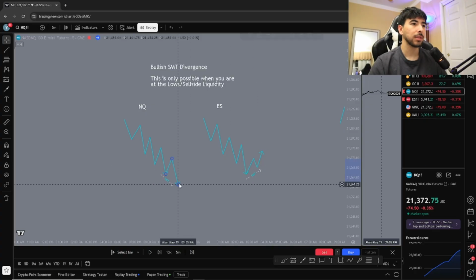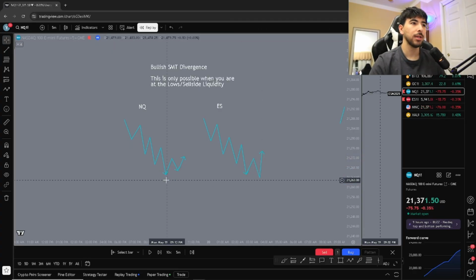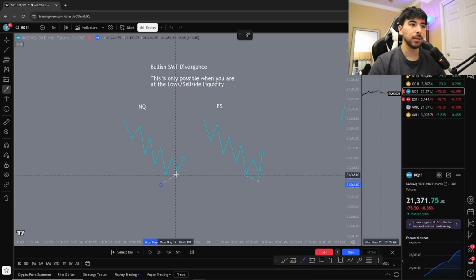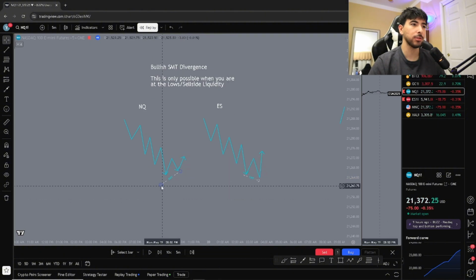No guys, if this is the scenario, where NQ doesn't take out the low and we continue going up, but ES takes out the low, this is still a bullish SMT divergence, right? We just mark it out like this. ES took out the low, while NQ did not. It's the same exact thing, right? These are both valid SMT divergences, all right?